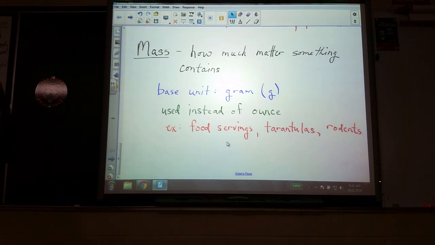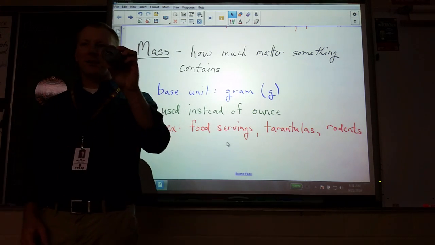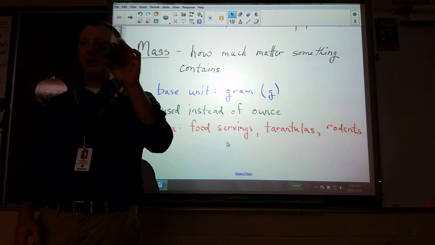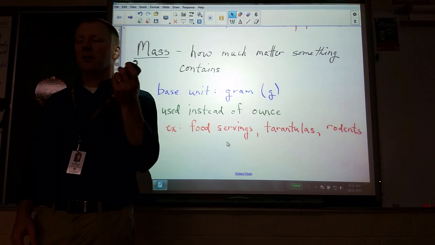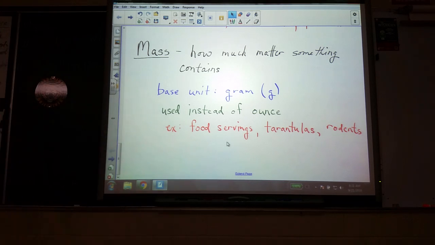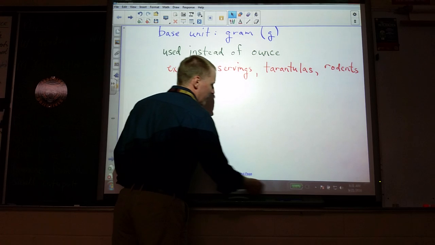So instead, we use this. This is 1,000 grams, a kilogram. This is a lot more useful because a kilogram works out to 2.2 pounds. So it's a bit heavier than a pound, but it's still a very useful measurement.